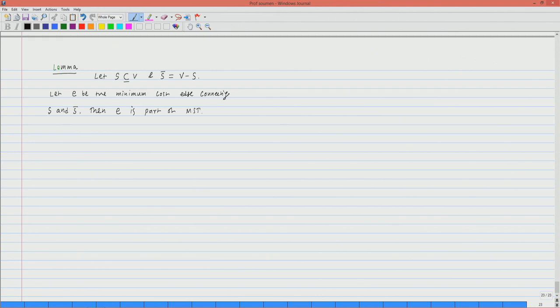Well, so S is any subset of the vertex set V, and S complement is the other part, and if E is the minimum cost edge connecting S and S complement, then E must be part of the MST. So, this lemma sort of gives a proof that Prim's algorithm is correct. So, we will look at the proof of this lemma in the second part of this lecture. Thank you very much.